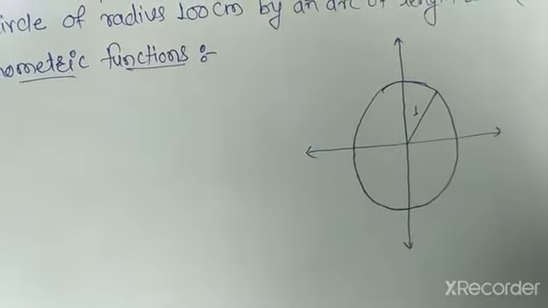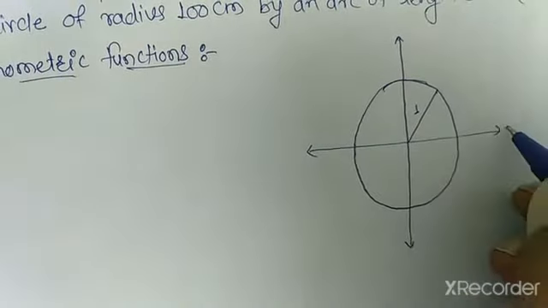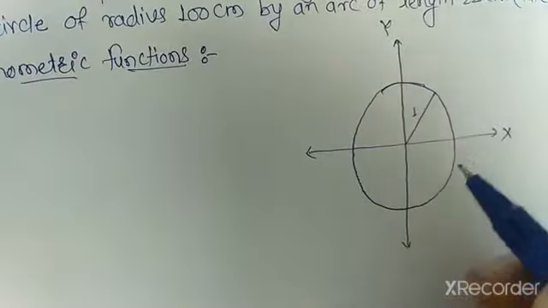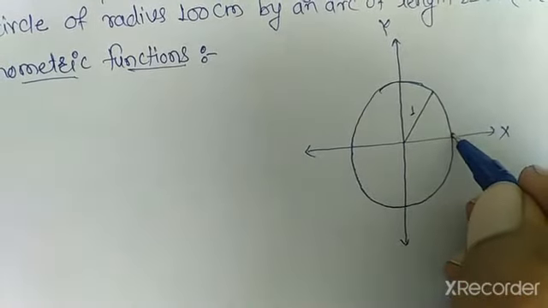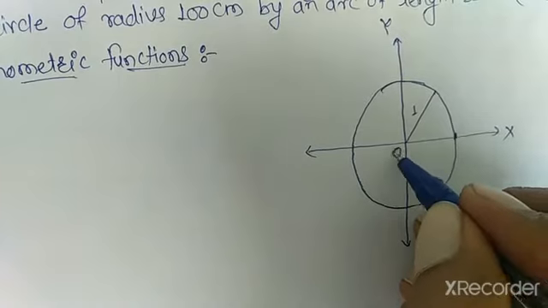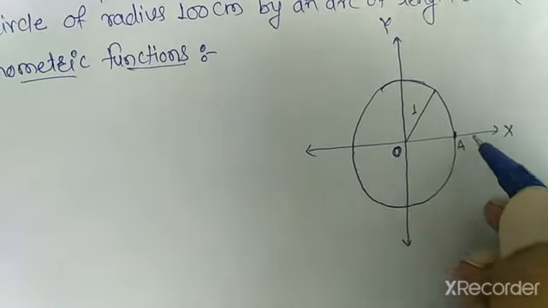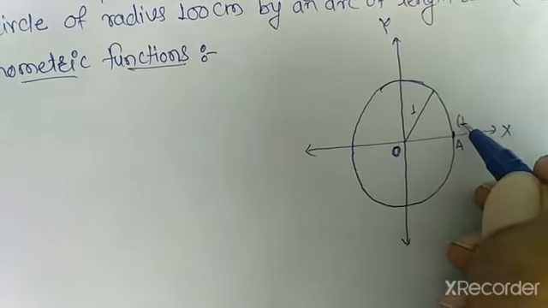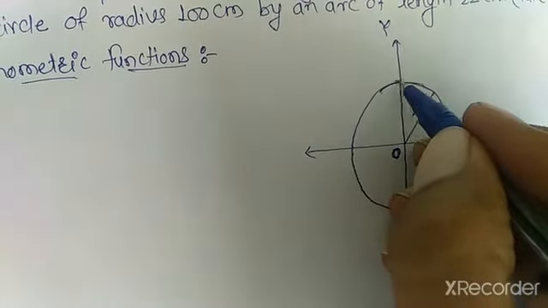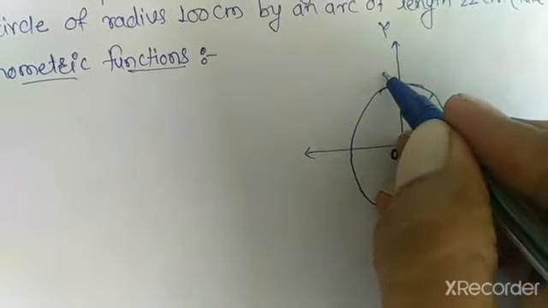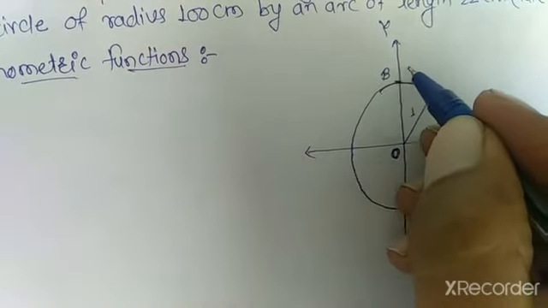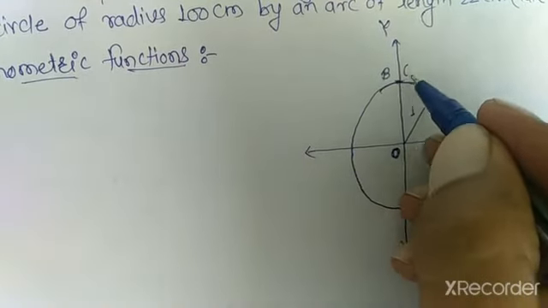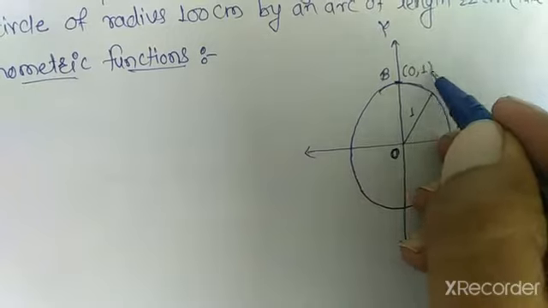Okay, now here it is x axis, this is y axis, so it intercepts at a point. If you consider the origin as O, this as A, so here it cuts x axis at 1, 0. So if we consider it as B, at B it cuts the y axis. Here x is 0, y is 1.